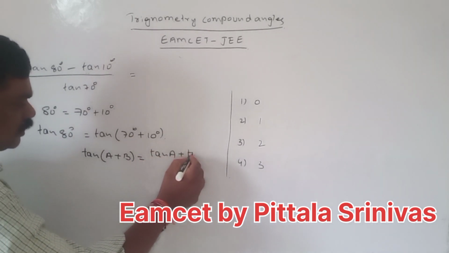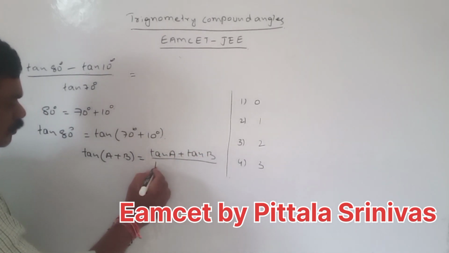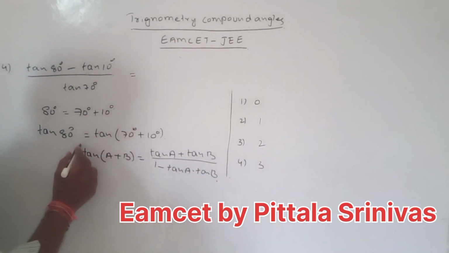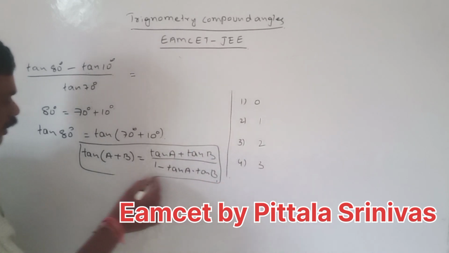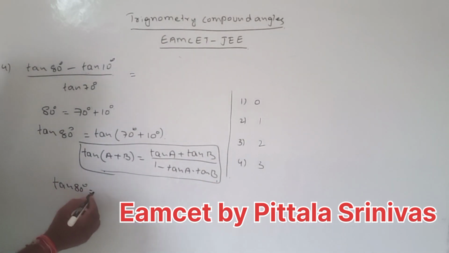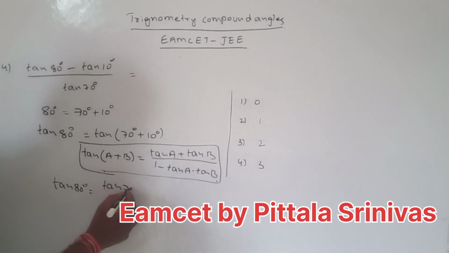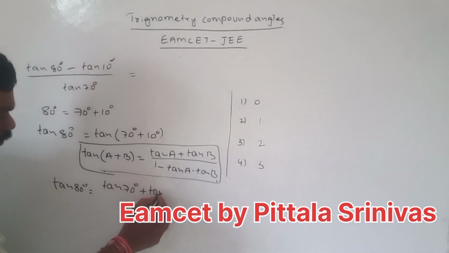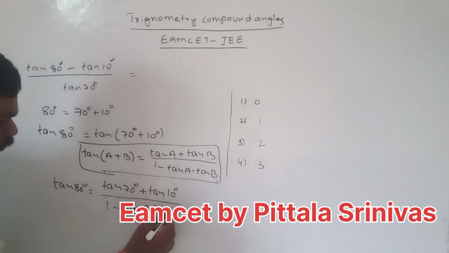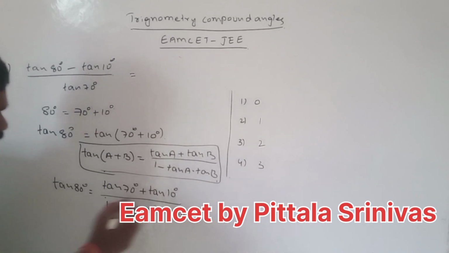Tan A plus tan B by 1 minus tan A into tan B. This is the formula for tan of A plus B. So tan 80 degrees is equal to tan 70 degrees plus tan 10 degrees by 1 minus tan 70 degrees into tan 10 degrees.